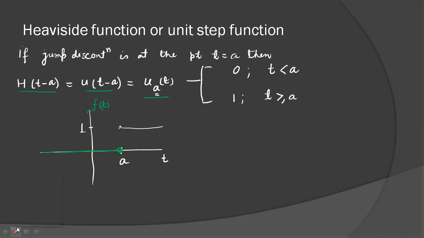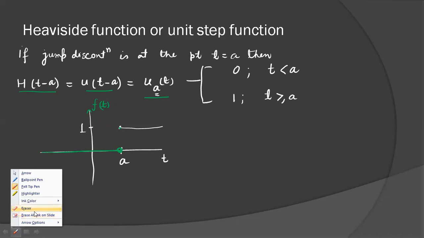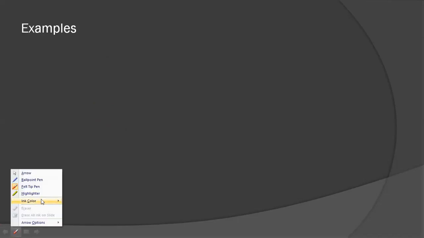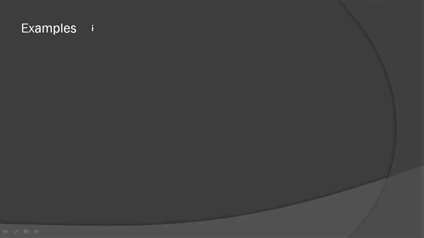Let's see some examples. Example 1: represent in terms of the Heaviside function f1(t) equals sin t times u_pi(t).